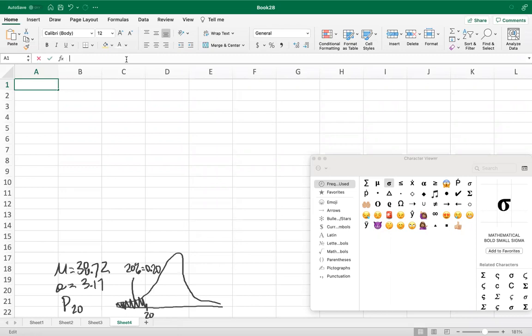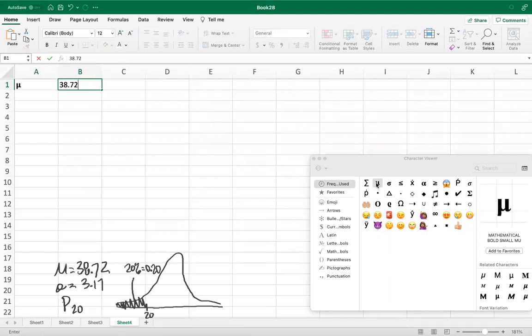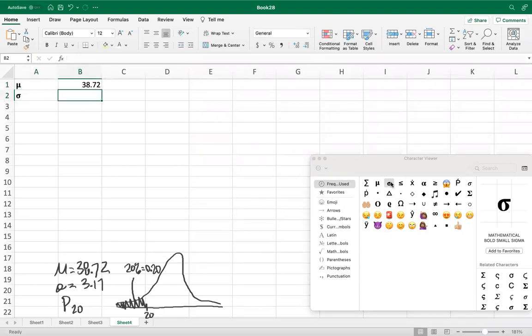So let's write that down. The mean is 38.72. The standard deviation is 3.17.